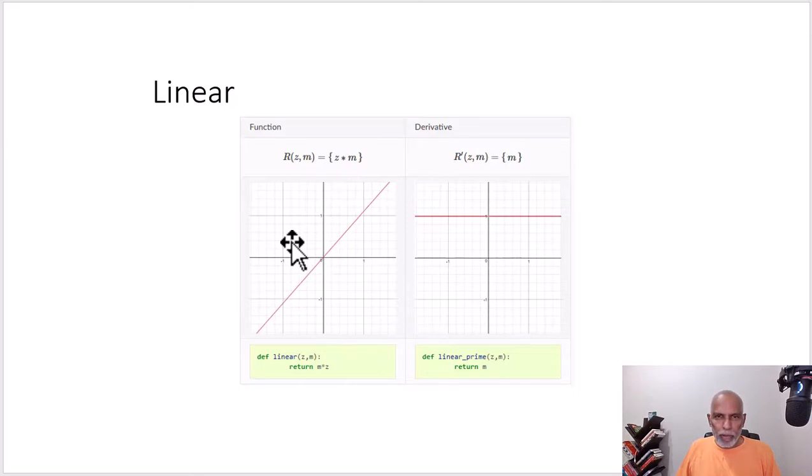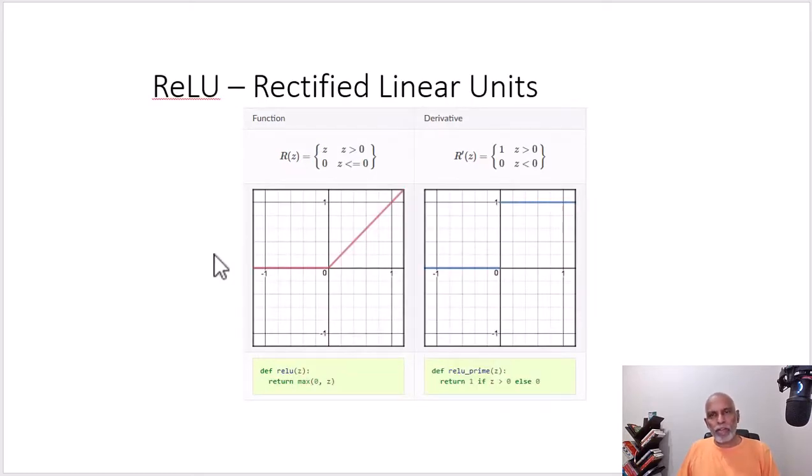But what is more important is the next one, the rectified linear unit, because oftentimes you don't want negative values to happen. You want to truncate all the negative values to 0 and keep only the positive values. That's the information mapped by the rectified linear unit. Its derivative is 0 for negative values and 1 when you have positive values. So remember, this is what the back propagation is going to be helped by.